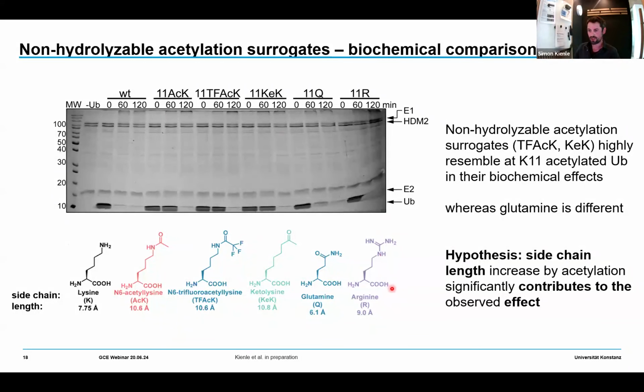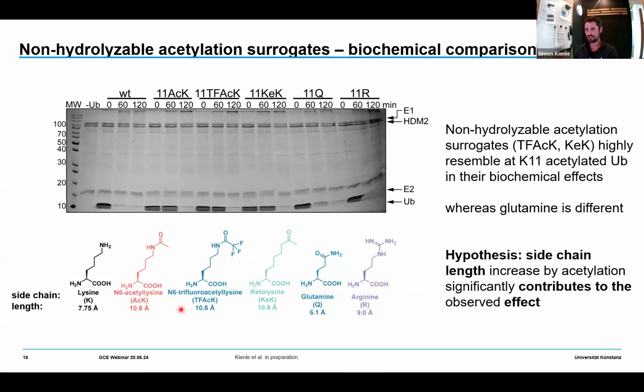So we then had a closer look at the amino acids and came up with the hypothesis that maybe the side chain length is one critical contributor to the observed effect.